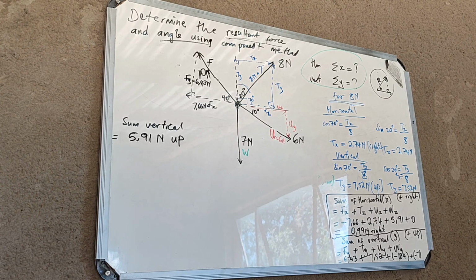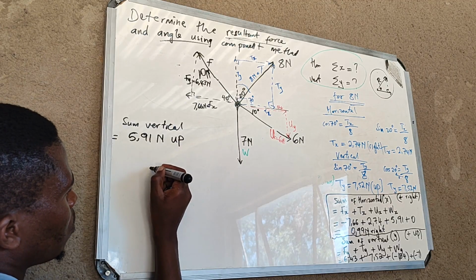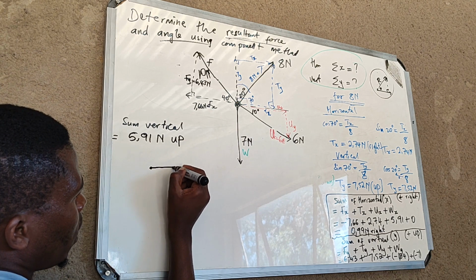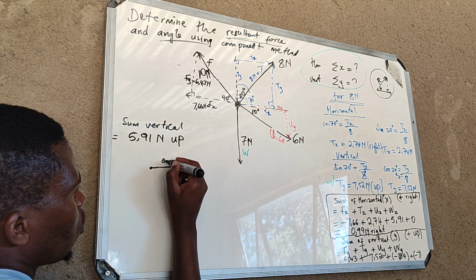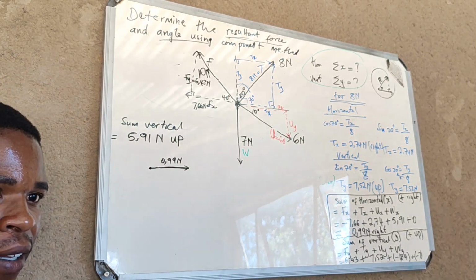Right, now let's go and construct that based on up and right. Okay? Is it right? Yeah. So rather, the right one from here, we'll have the right one in that direction, which is 0,99 Newton. Okay?